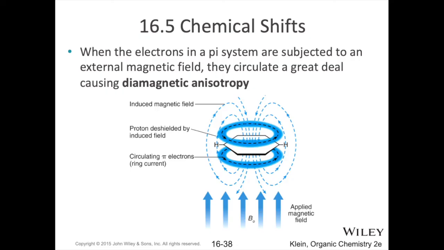This system itself interacts with your magnetic field and kind of induces its own magnetic field that really shifts your signals for those protons way more than you would expect. All right, they get shifted way downfield due to the effect of this delocalized pi system.